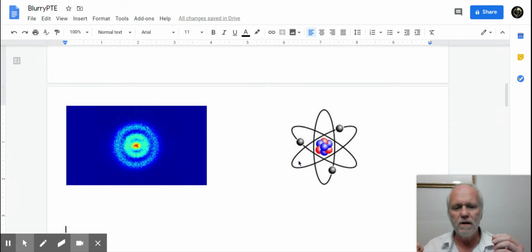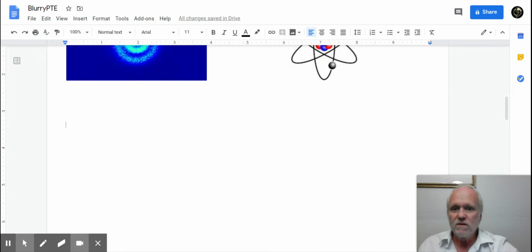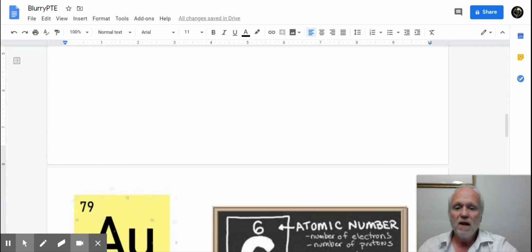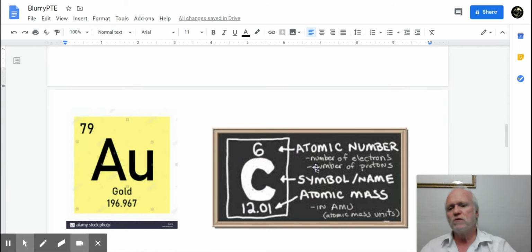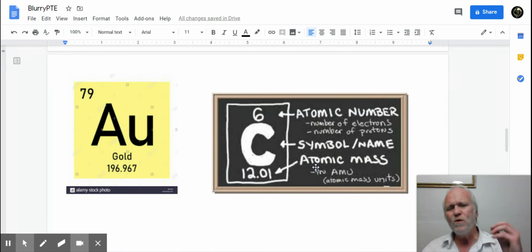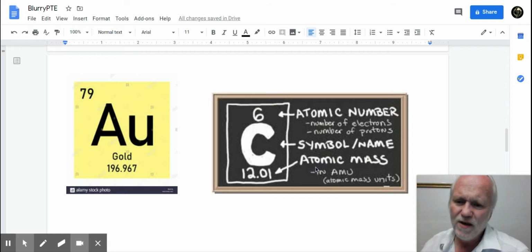If a proton weighs one, an electron is 1/2000 of a proton. That's how little it is, but it has to have some weight. So we're going to go back to this picture, but you know that there's one more thing inside of the atom called a neutron.